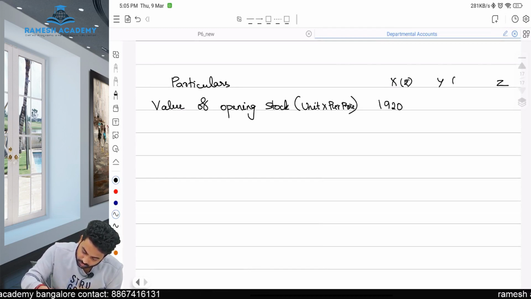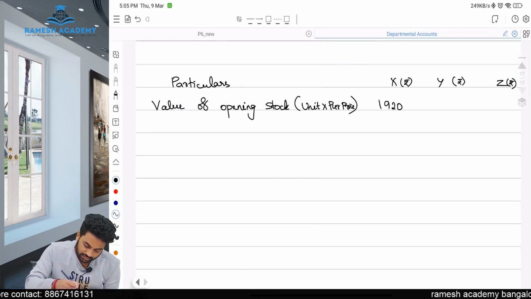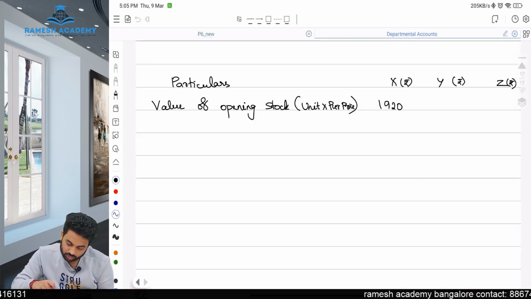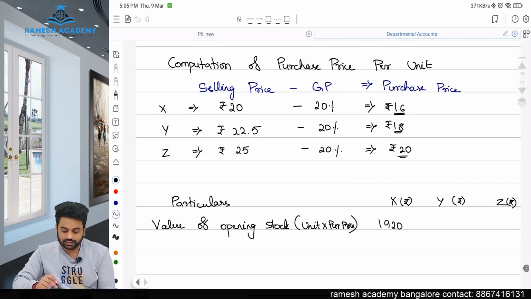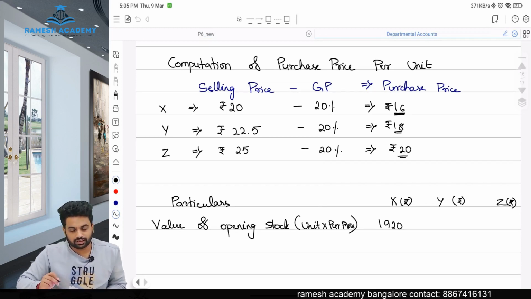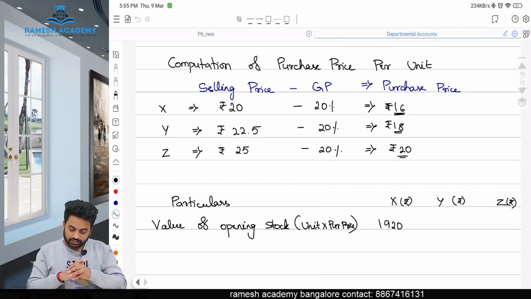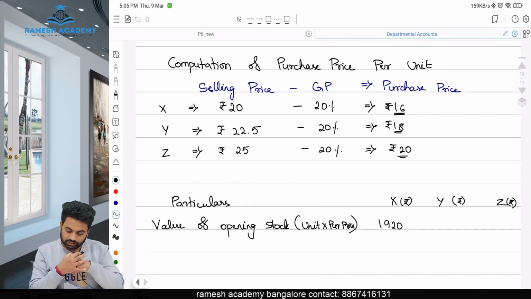X rupees, Y rupees, Z rupees. How many units are there in Y? Number of units in Y is 80. Per unit it is 18. So 80 into 18: 80 into 10 is 800, 80 into 20 is 1600, minus 160, 1440.